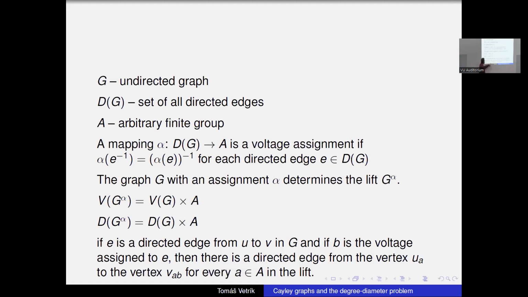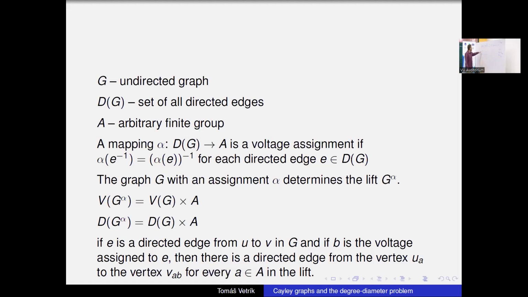In general, if we are not specifying what group operation we are using, we just write AB, but it means A, group operation, and B. Since this is an additive group, we are using not A times B, but A plus B, where B is this number assigned. So in this case, UA is connected to VA.